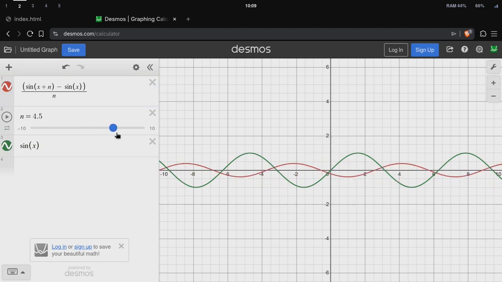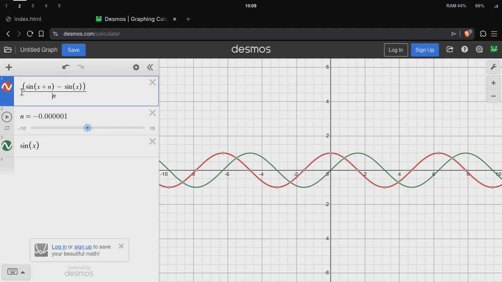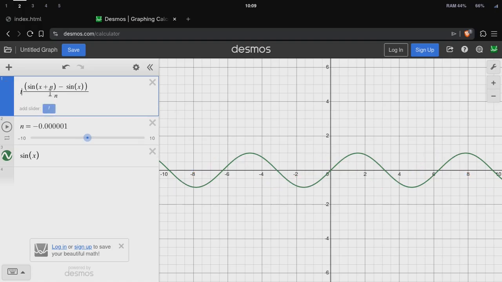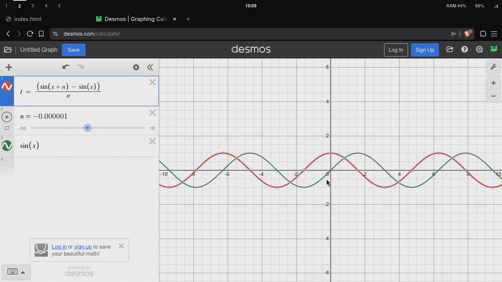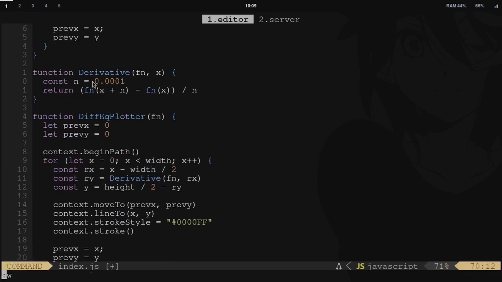For bigger n, this is a bad approximation, but for smaller n it is a pretty good approximation, so it should work.